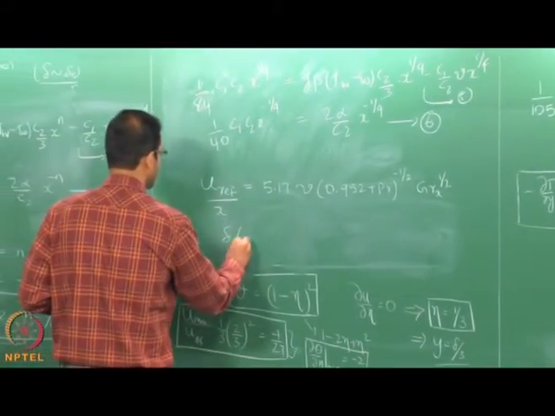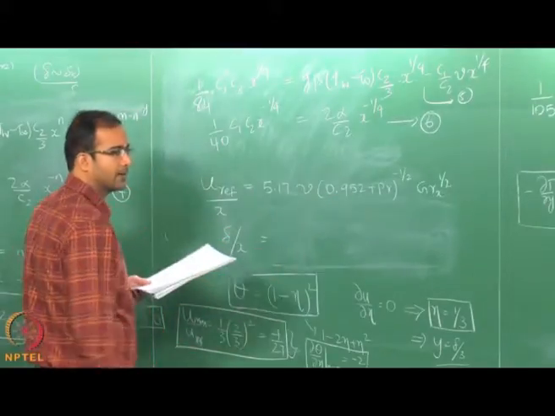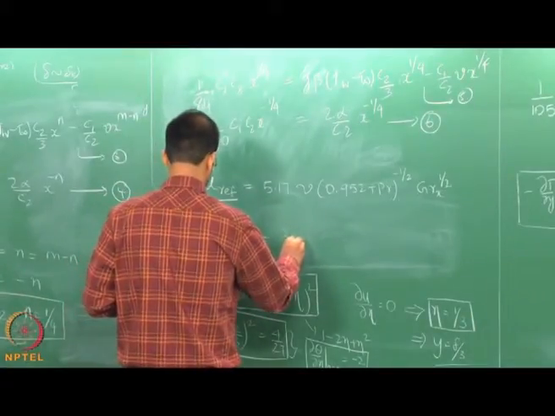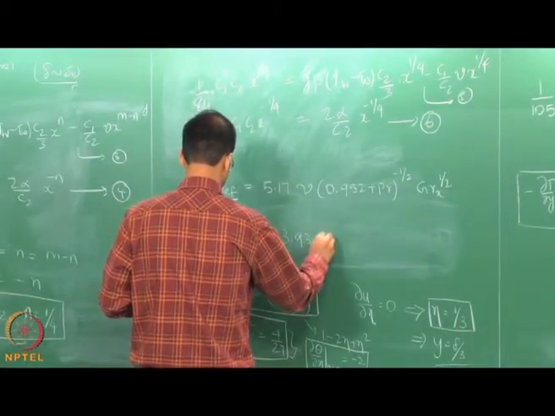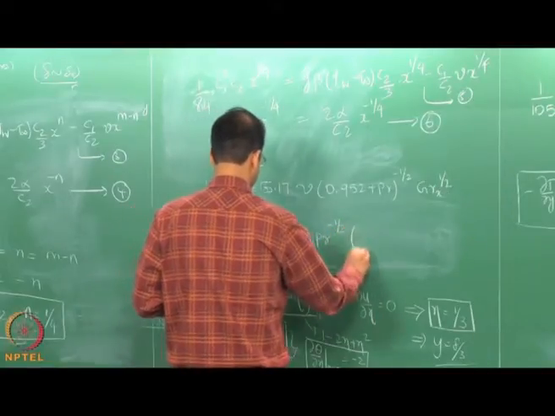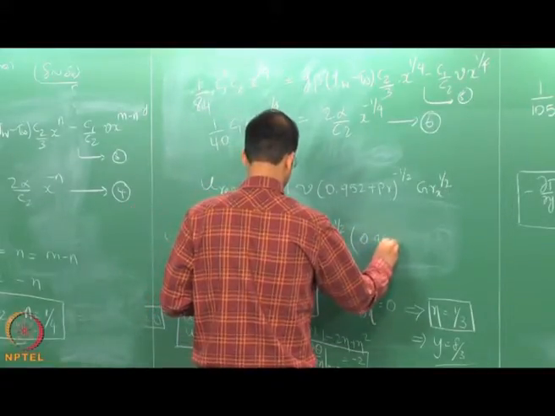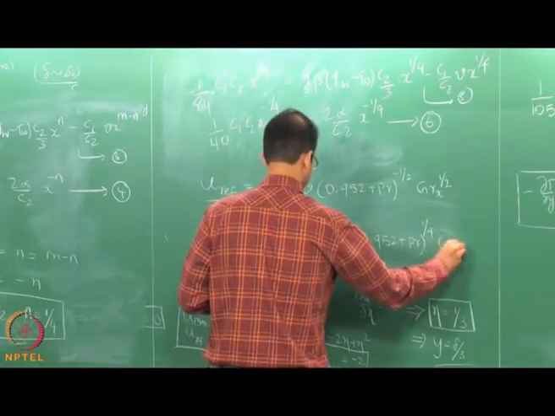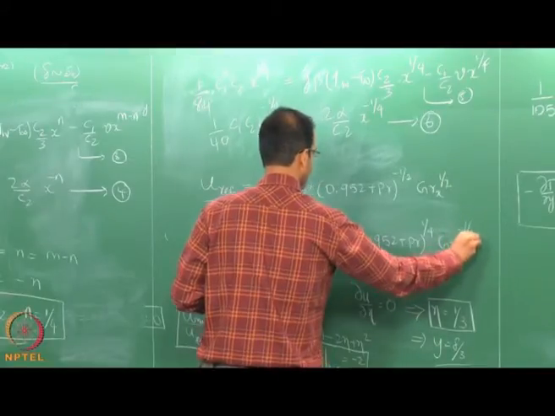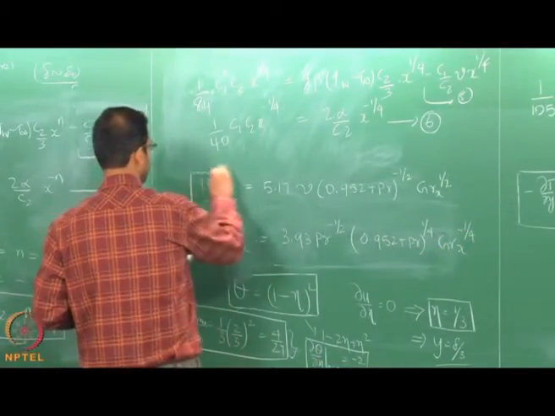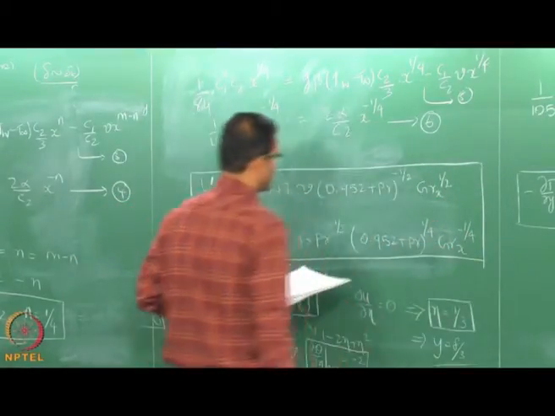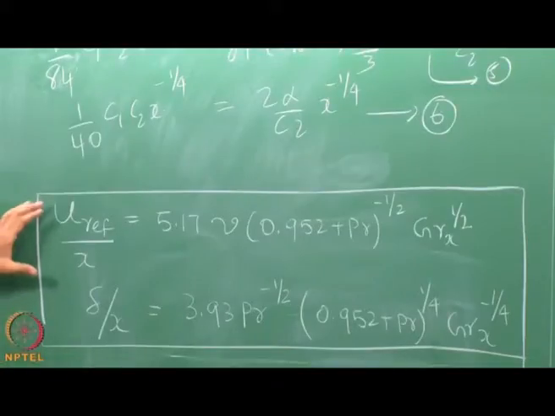Similarly, delta by x. So, delta is C2 x power n. So, once you get C2, you can also get the expression for delta, 3.93 into Prandtl number minus half. So, therefore, finally, we have the correct expression to determine the exact magnitude of U reference and delta.